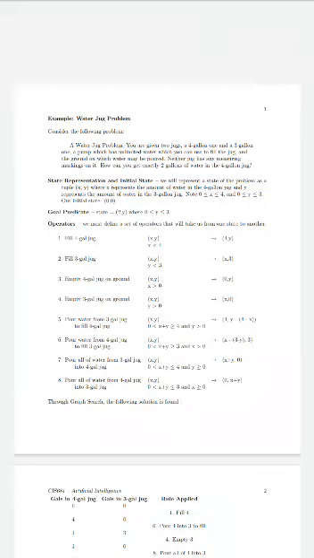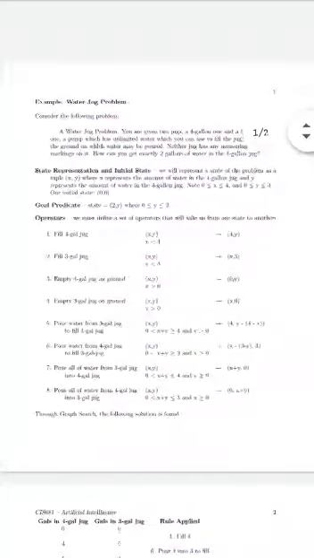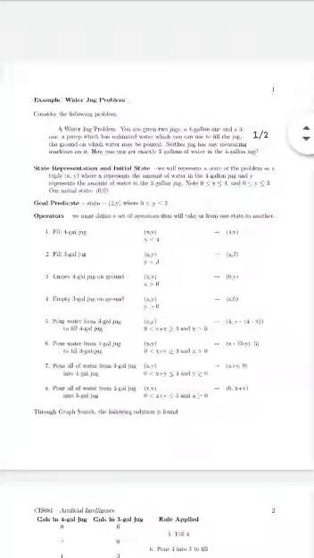Suppose you are given two jugs. Now we are going to solve the water jug problem with the help of AI problem techniques. You are given two jugs, a 4 gallon jug and a 3 gallon jug.